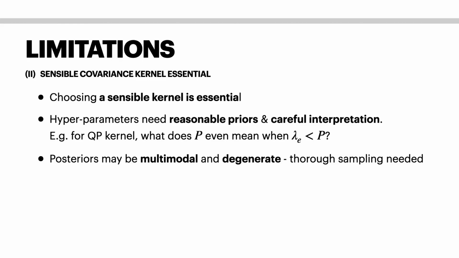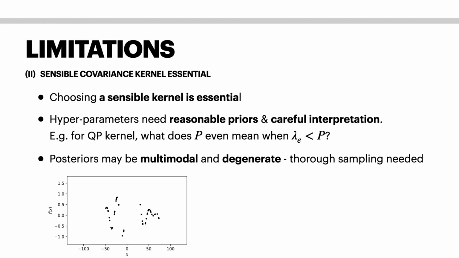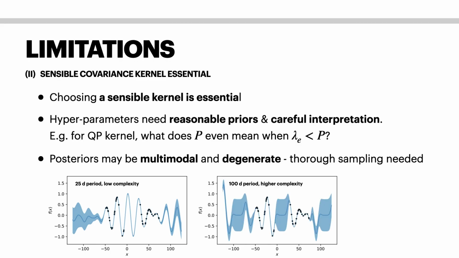Compounding these issues, the hyperparameter posteriors can be multimodal and degenerate. Here, for example, are some quasi-periodic data that we can fit with a period of 25 days and low harmonic complexity. We can fit the same data almost equally well with a period of 100 days, but higher harmonic complexity, i.e. more structure per period.